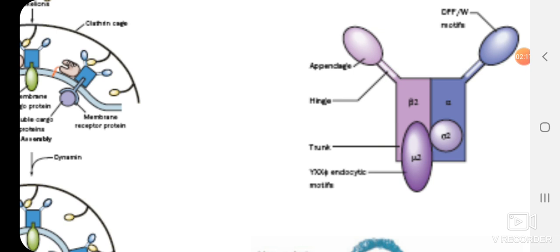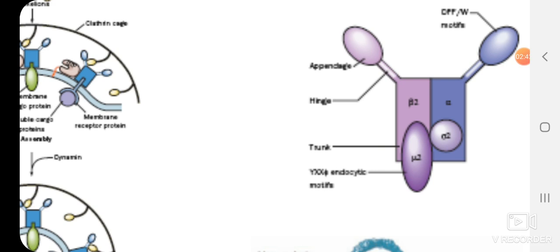You can see that the mu subunit is going to interact with the endocytic motif. Endocytic motif means the receptors present in the membrane, which interact with the ligand, or the proteins or the cargo which is going to be internalized.